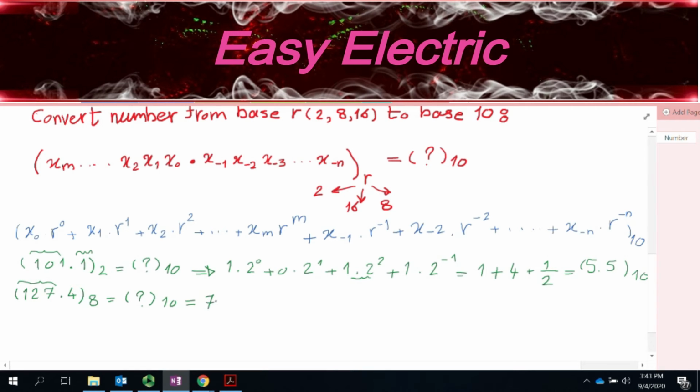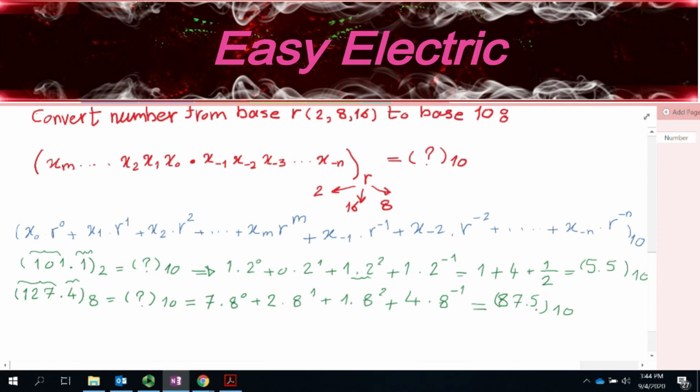You say 7 times 8 power 0, plus 2 times 8 power 1, plus 1 times 8 power 2. Then go to the other side: 4 times r power negative 1. If you calculate that, you will get 87.5, which is in base 10.